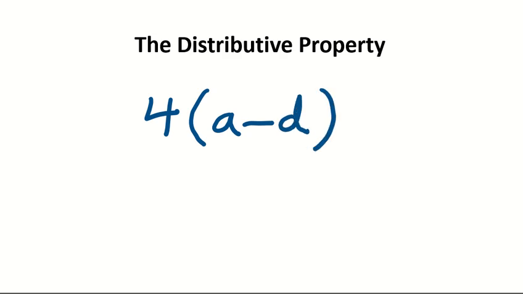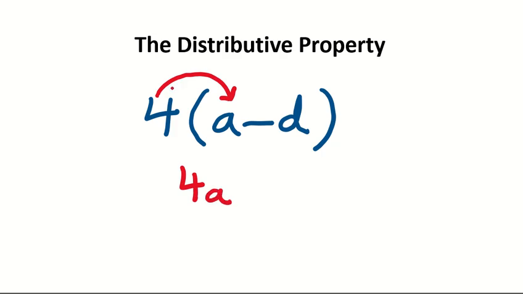Okay, so the next one's going to be, let's do something real simple like this. Let's take 4 times the quantity A minus D. Now, once again, we're going to multiply 4 by the coefficients. Now, the coefficient of A is 1, because when you have 1A, we just write it as an A. So essentially, we're doing 4 times 1. 4 times 1 is 4, but then we're going to attach our A to that.